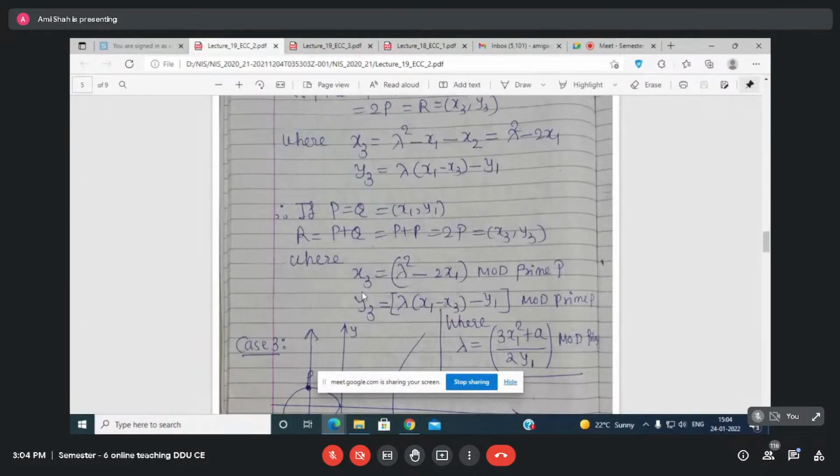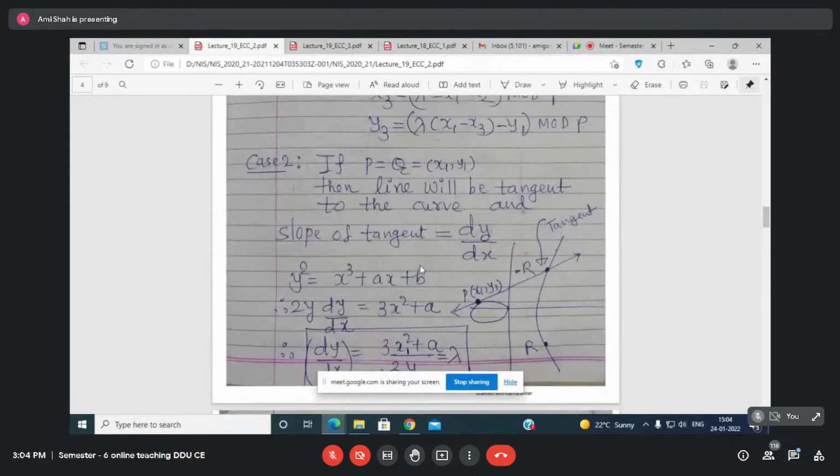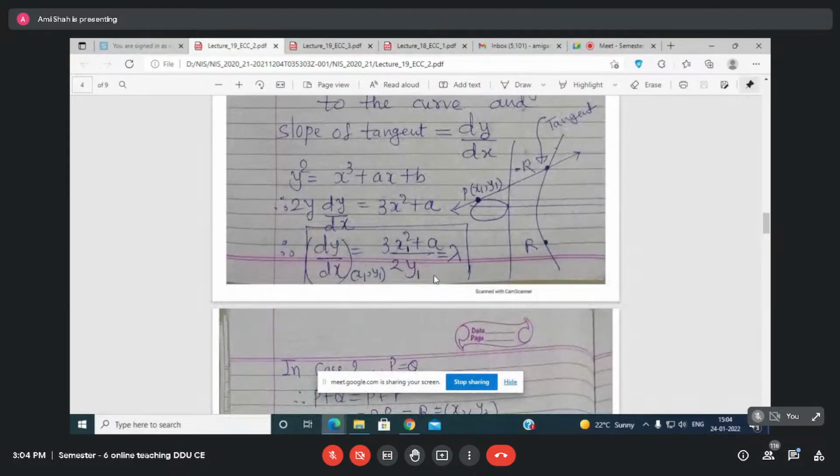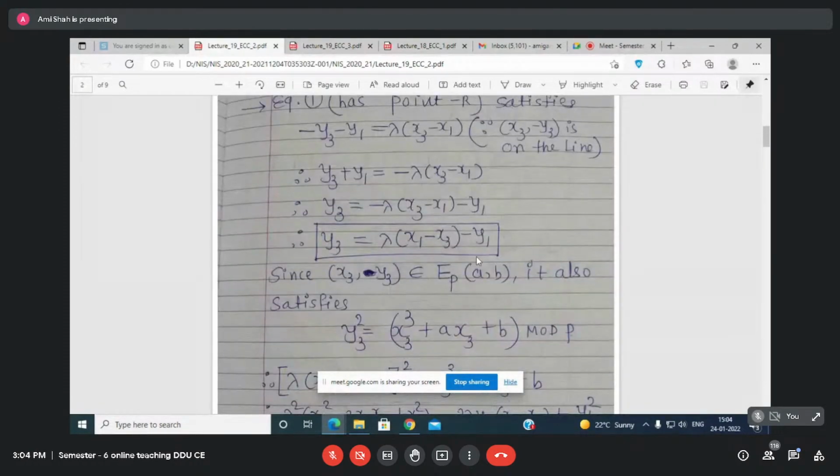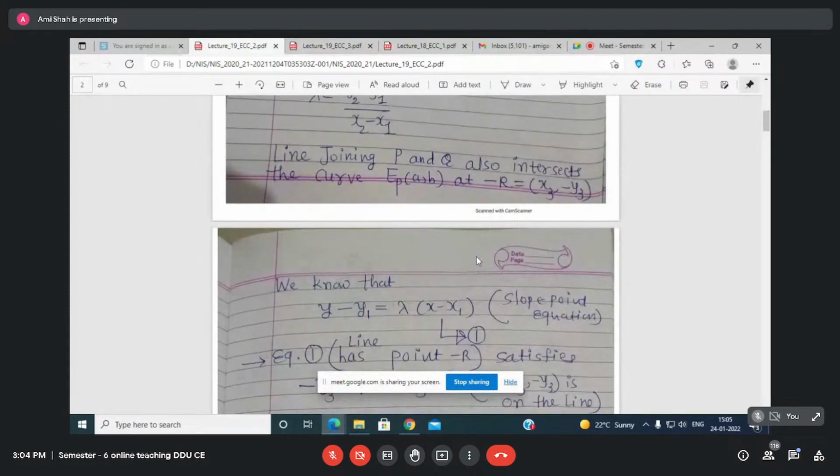How to calculate the value of x3? You calculate x3 by using lambda square minus 2x1, and y3 by using this formula. And how to calculate lambda? For lambda, this equation you have to use. Again, I repeat, everyone. Next I will explain an example in which you have to use this equation.